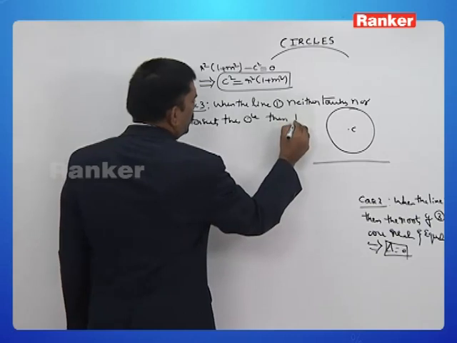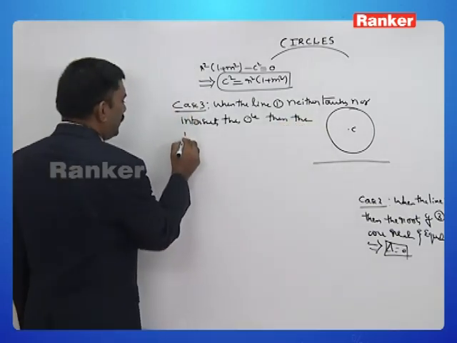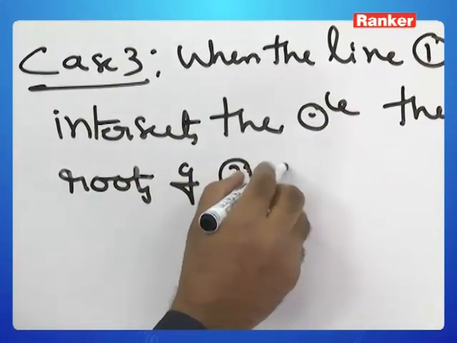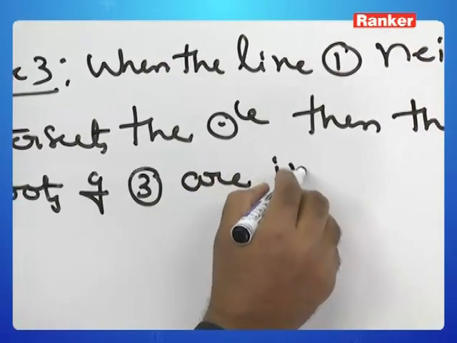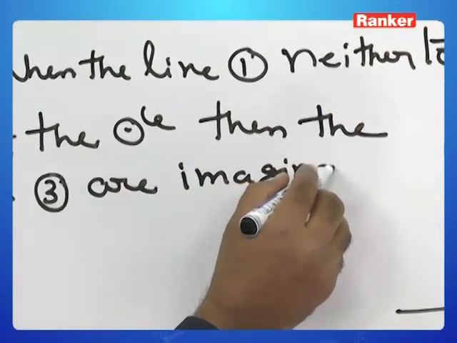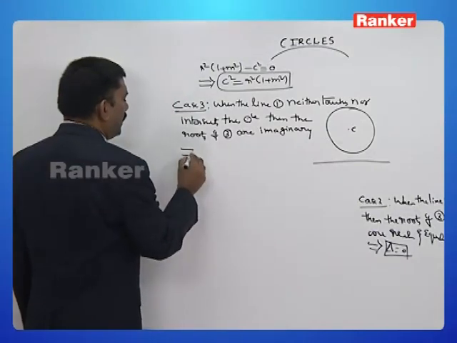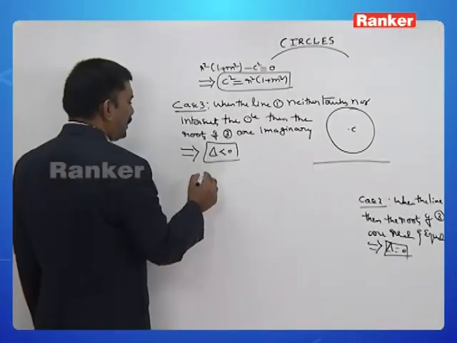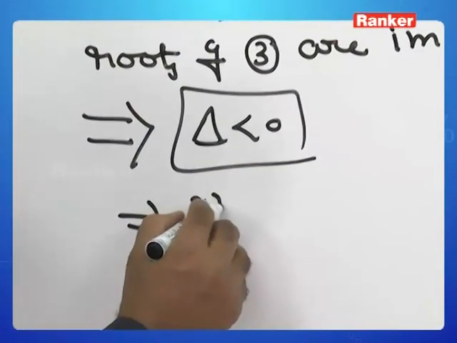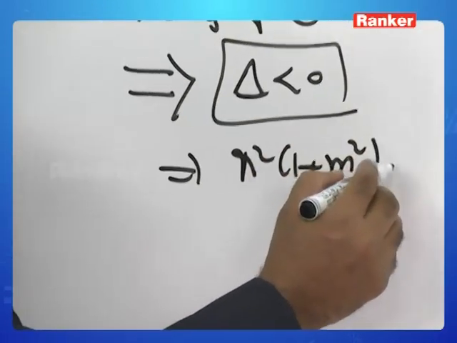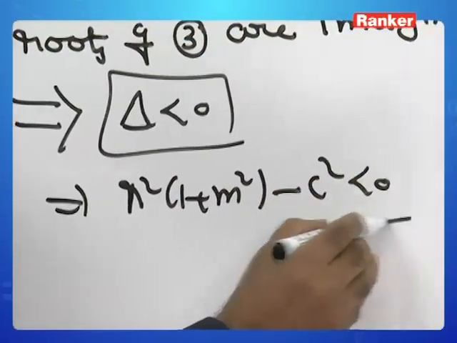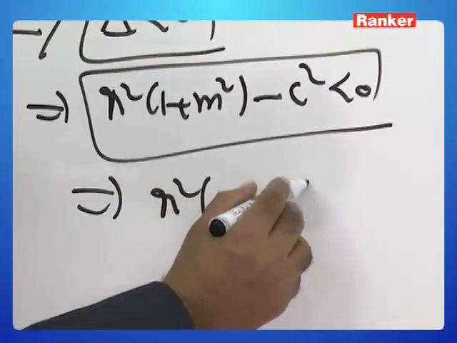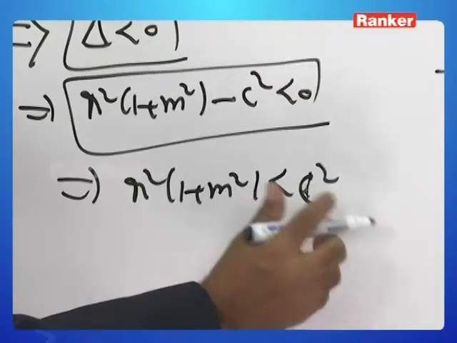Then the roots of 3 are imaginary, which implies delta less than 0. We have the condition r square into (1 plus m square) minus c square less than 0. Therefore, r square into (1 plus m square) is less than c square.